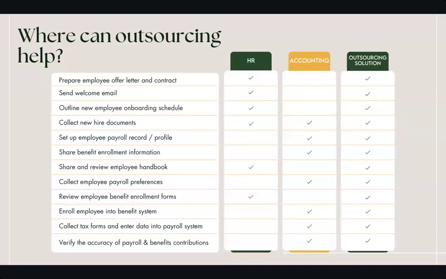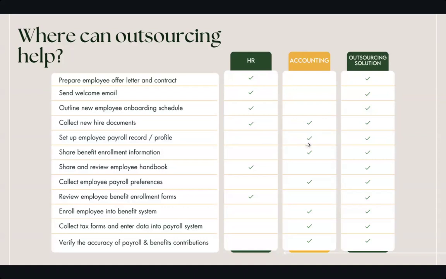So HR will send the offer letter, welcome and onboard an employee. They'll collect the onboarding documentation and share that with the accounting team. From the accounting team, accounting folks go into the payroll provider's software.